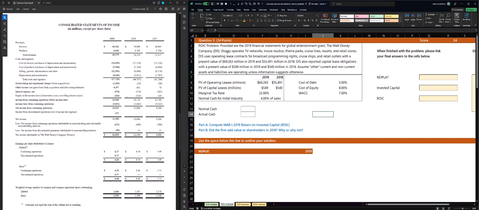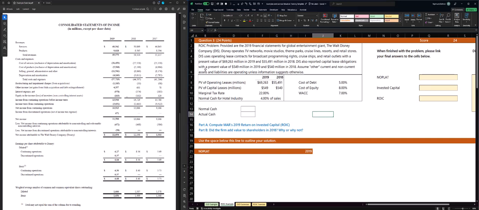ROIC problem. Provided are the 2019 financial statements for global entertainment giant the Walt Disney Company. Disney operates TV networks, movie studios, theme parks, cruise lines, resorts, and retail stores.